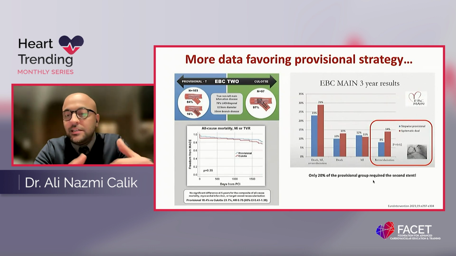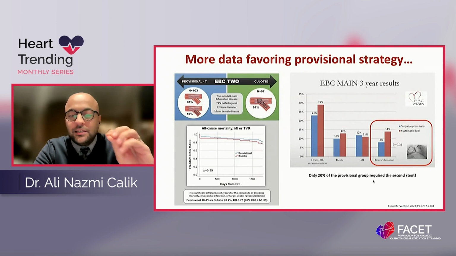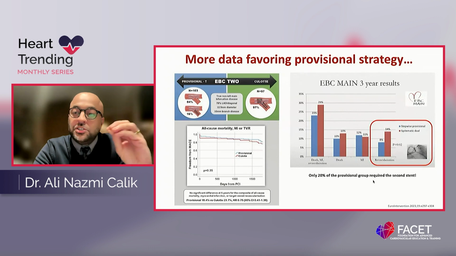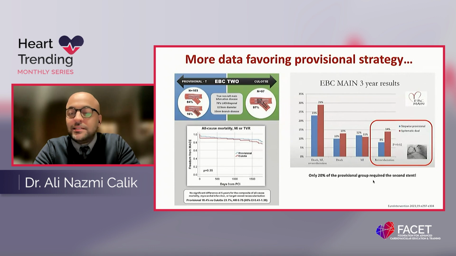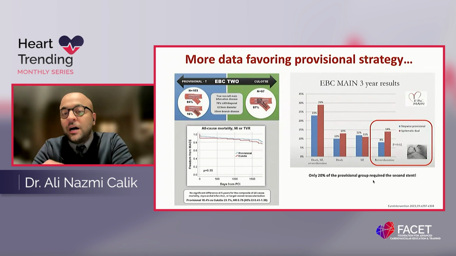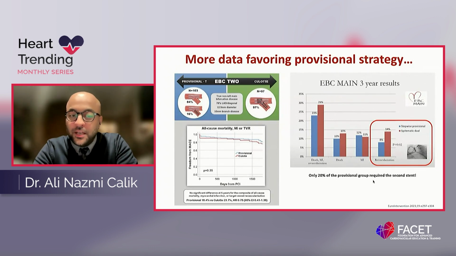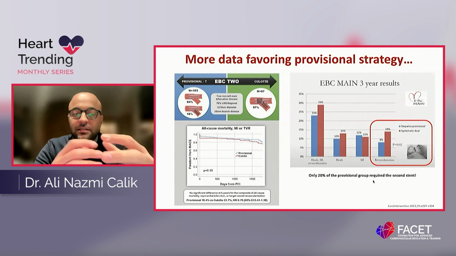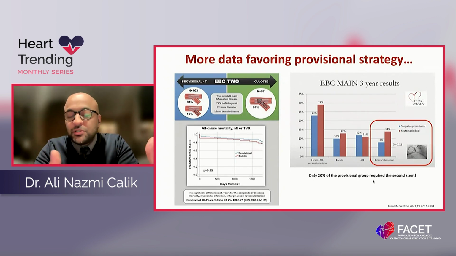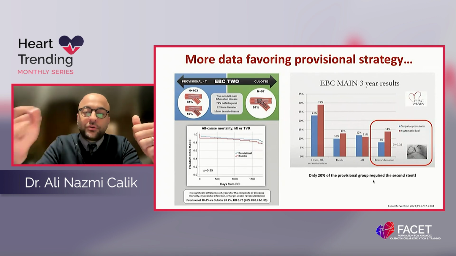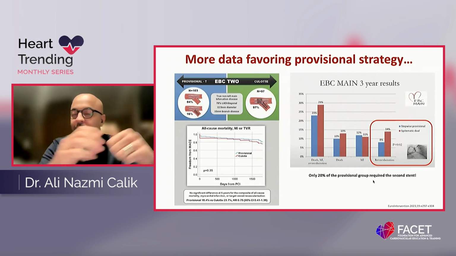When studies evaluate these jailed side branches with FFR, you end up putting fewer stents compared to the angiographic analysis. So this data tells us the same story: if you put the second stent only for cosmetic reasons, you increase the MACE.